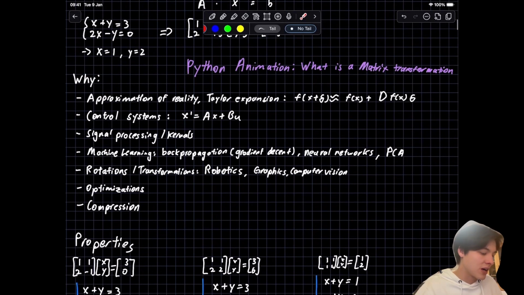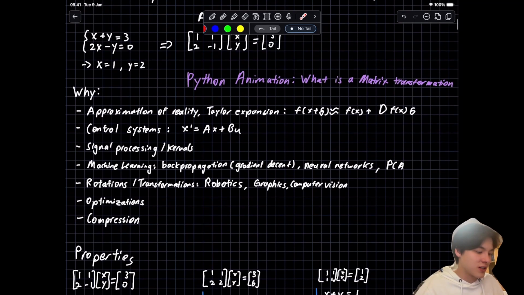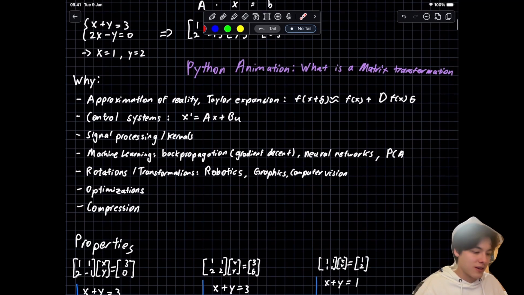That's why we have that a lot. We see it in control systems, when we want to control a system, say a plant production. It's used a lot for signal processing, kernels, and machine learning. Backpropagation, when we calculate things. Neural networks use linear algebra.